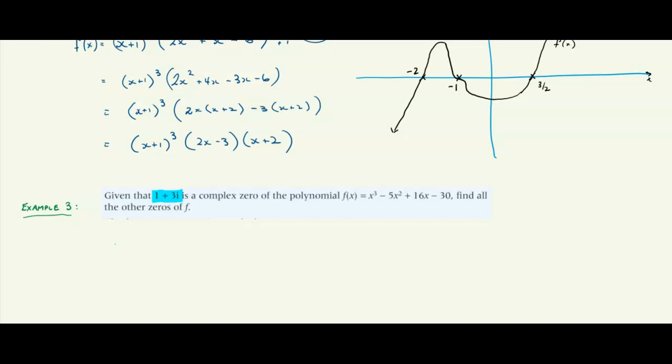So it's called the conjugate root theorem. We better talk about it. The conjugate root theorem. And it simply says this.